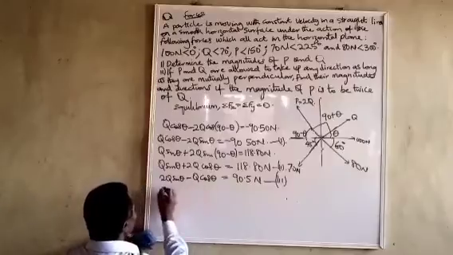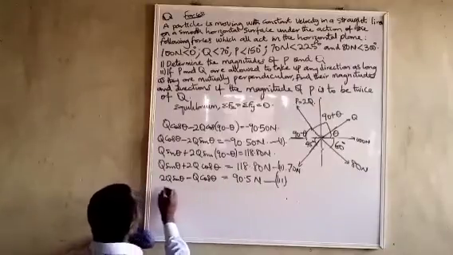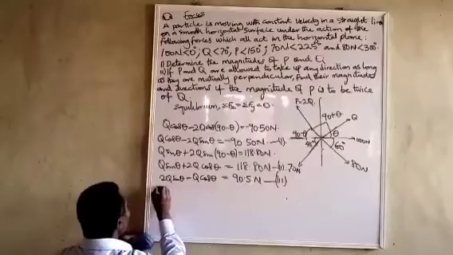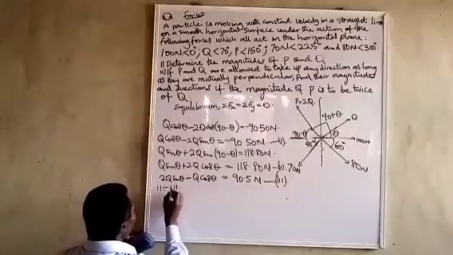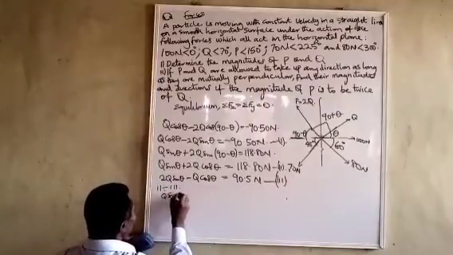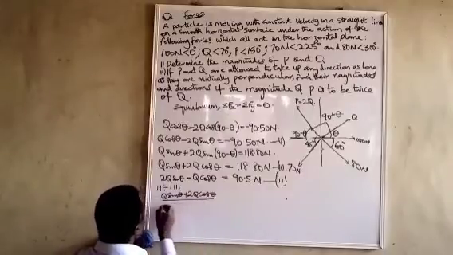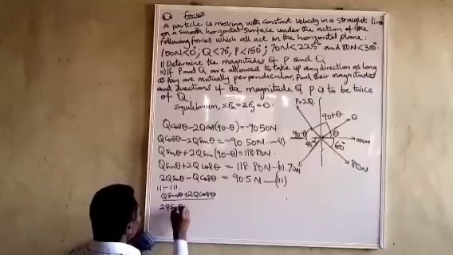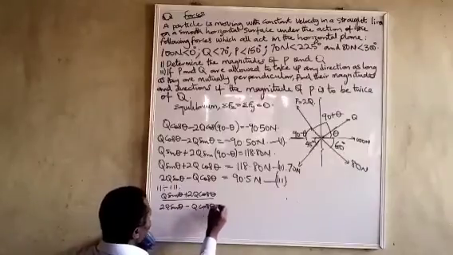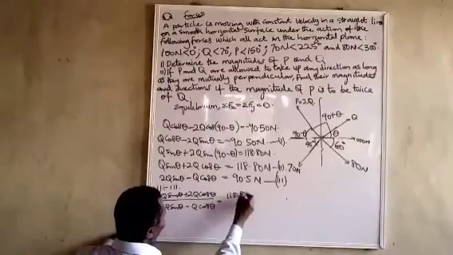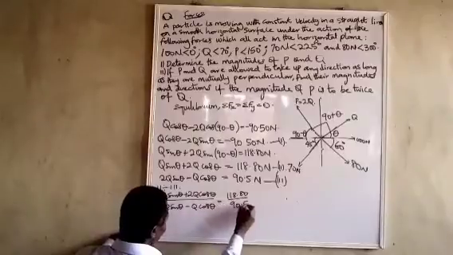Let me do it like this. Equation 3. Let me make it 2, equation 3. So I'm going to have Q sin theta plus 2Q cos theta over 2Q sin theta minus Q cos theta will be equal to 118.80 over 90.5.